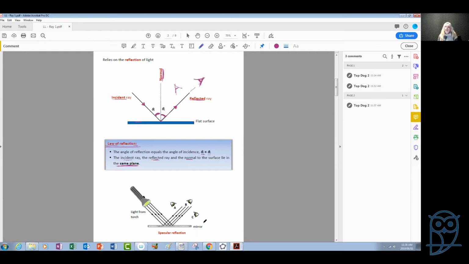If you know from experience, if you shine a torch or a laser pointer, which are very common, and you look at the beam from the side, if the air is clear and there's no dust, you are not going to see anything. You're only going to see where the torch shines on a wall, for example.